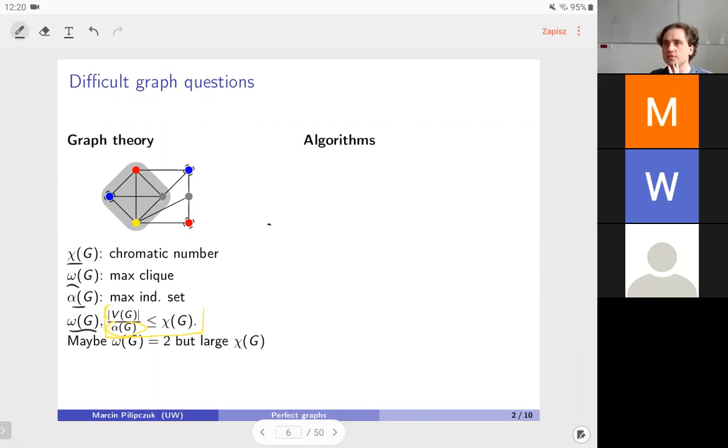There's a construction of Erdős, a simple randomized construction, that shows that there are graphs that don't have cliques of size 3, so they don't have triangles, but they have large chromatic number, because alpha is much smaller than the number of vertices in these graphs, so actually you need a lot of colors.